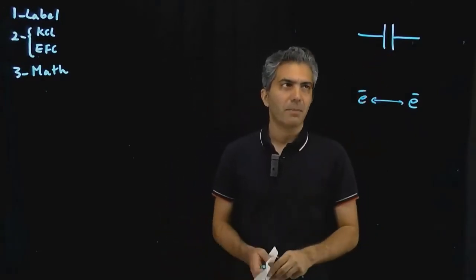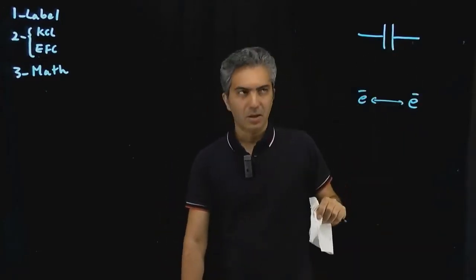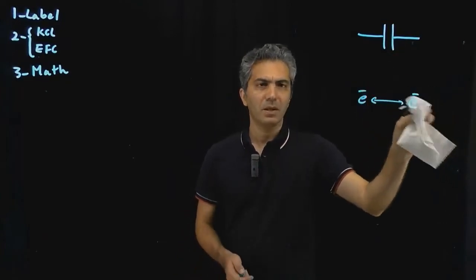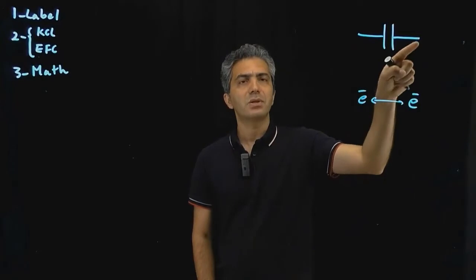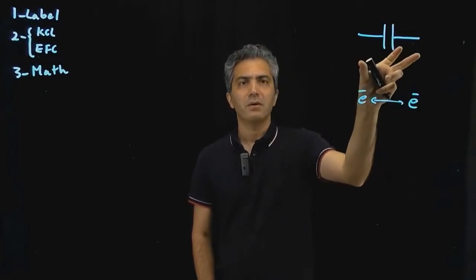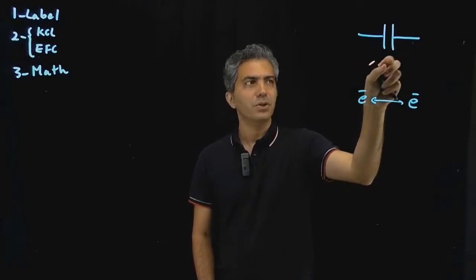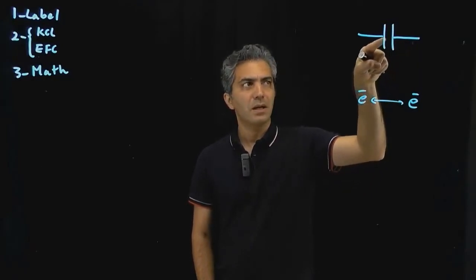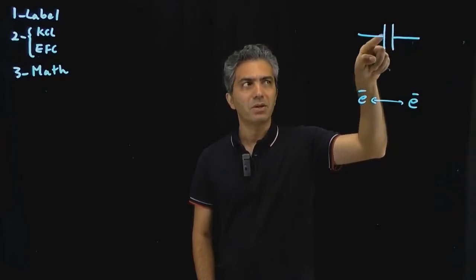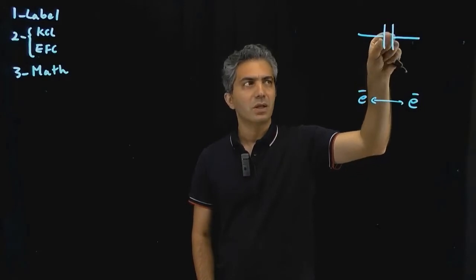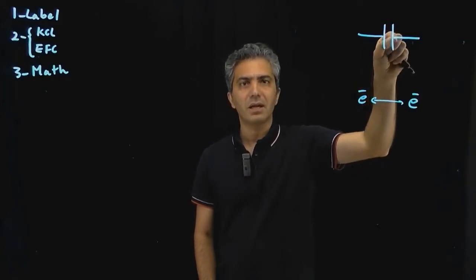In the capacitor, what happens is that since inside the conductor there are charges and they can move, once you connect the two sides of these two conductors to a voltage difference, the voltage difference causes a large enough electric field to be established between the two conductors, so that these charges actually can move.